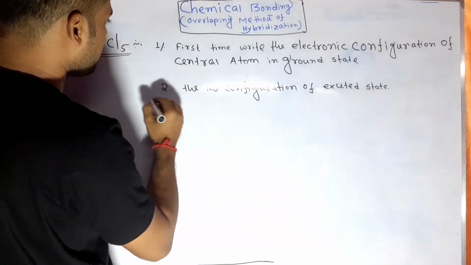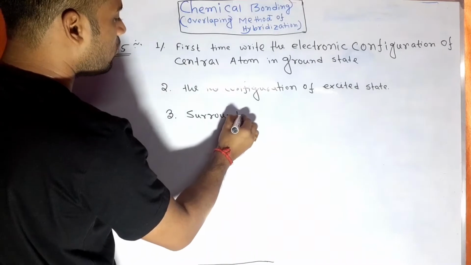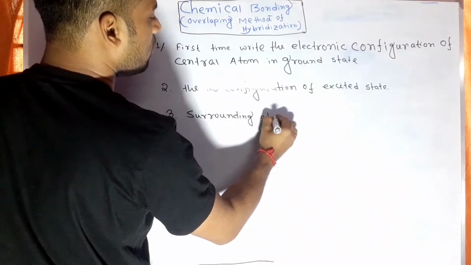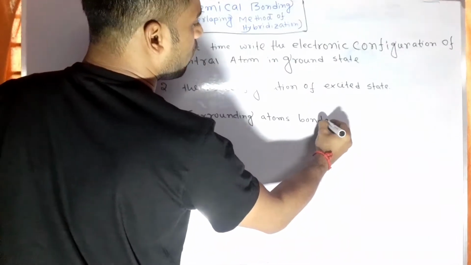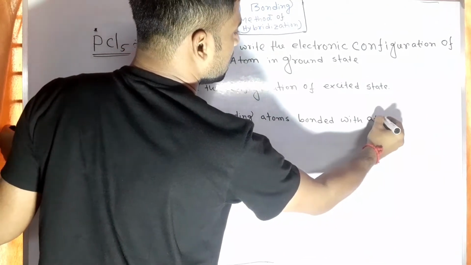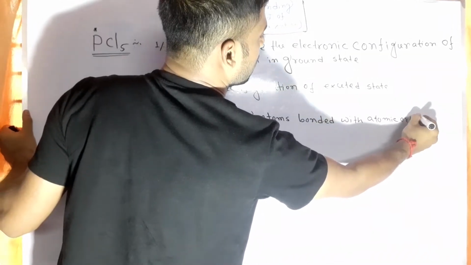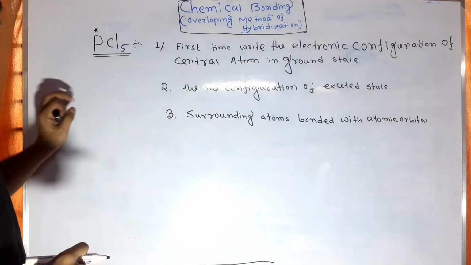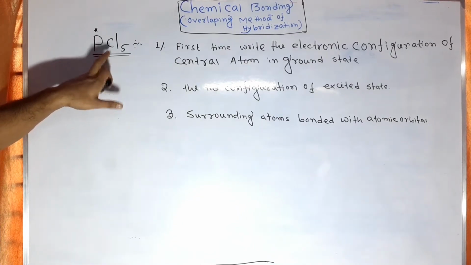Then the last process is that the surrounding atoms are bonded with atomic orbitals. This is the 3 procedure for the overlapping method, determination of hybridization for the central atom in a given compound.